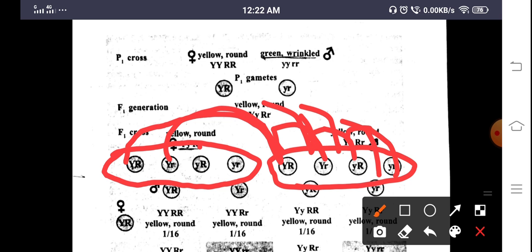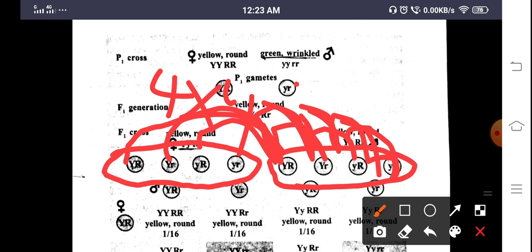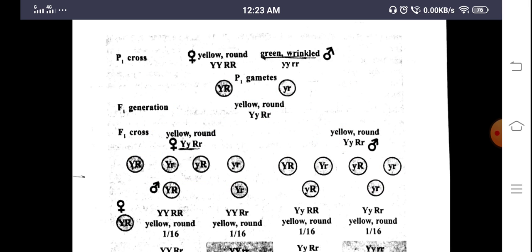So totally here 4 times 4, so 16. In total we can get 16 daughter plants.